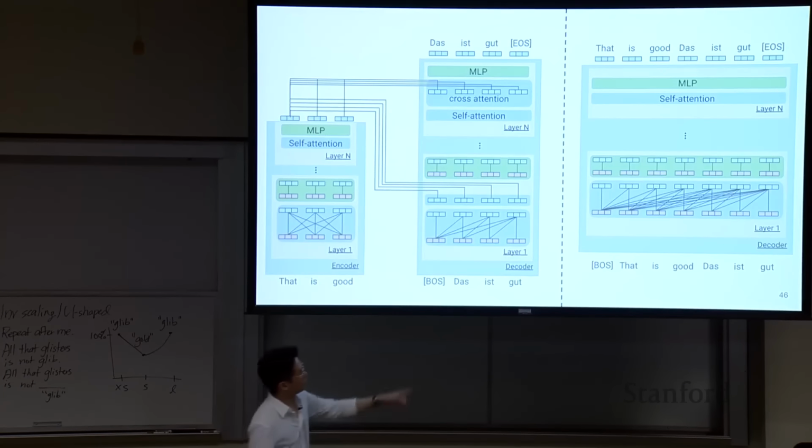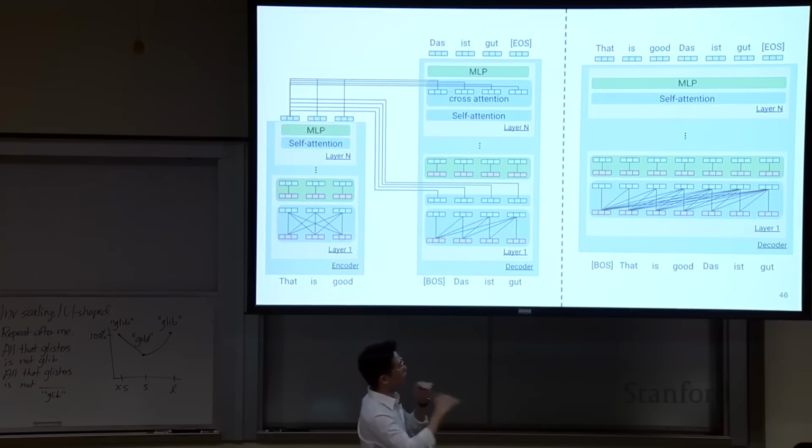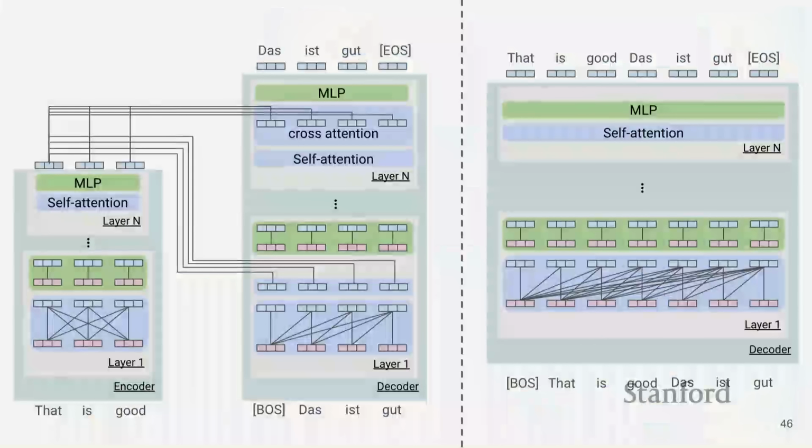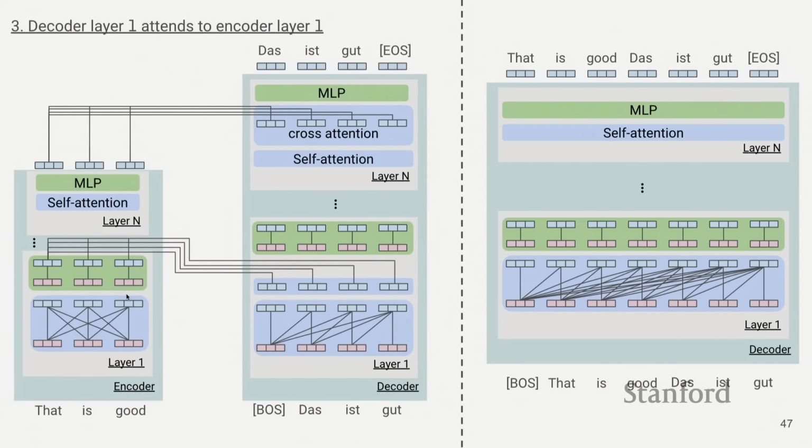Whereas if you think about this decoder, it is actually per layer, within layer. When we are decoding, say, the word das, we are looking at the same layer representation of the encoder, and that's within layer, and I think this is the design feature. So if you want to make this close to that, we have to bring back this attention to each layer. So now layer 1 will be attending to layer 1 of this.